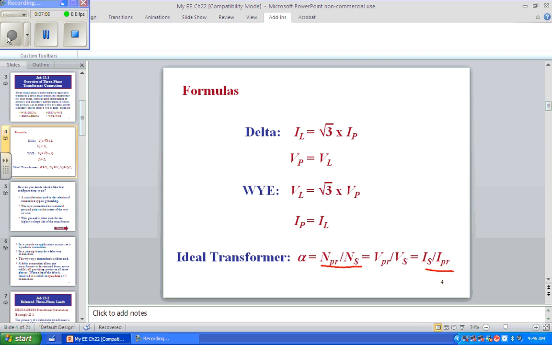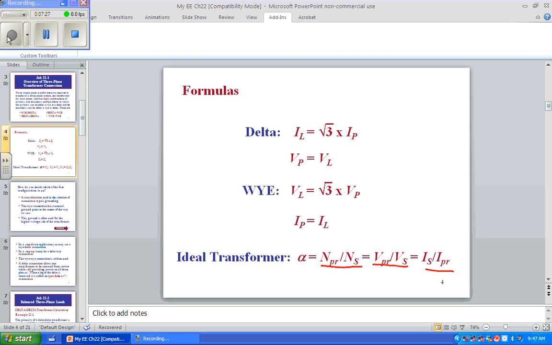So the number of windings and the voltage ratios are directly proportional. NP over NS is equal to EP over ES. So it's directly proportional, but it's inversely proportional to the current ratio because voltage times current gives us power.